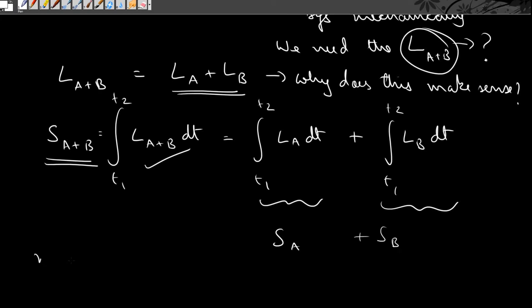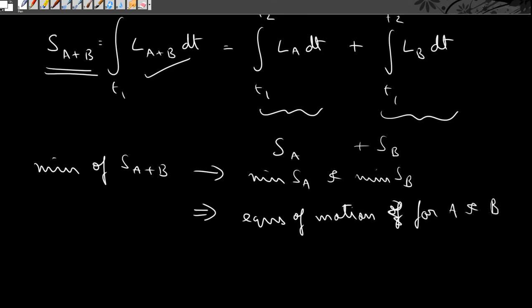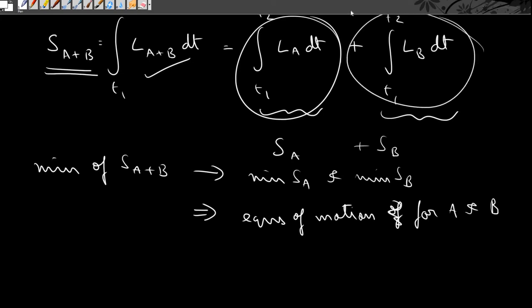And minimization of S_(A+B) is the same as minimization of S_A and minimization of S_B, which in turn gives equations of motion for A and B. So when we apply the Euler-Lagrange equations for this part, we will get the equations of motion for A, and when we apply the Euler-Lagrange equation for this part, we will get the equations of motion for B.